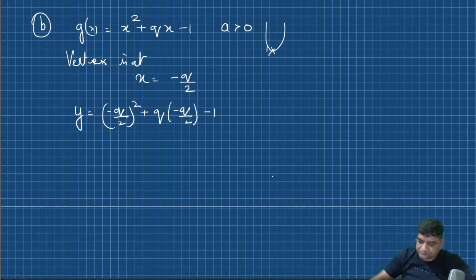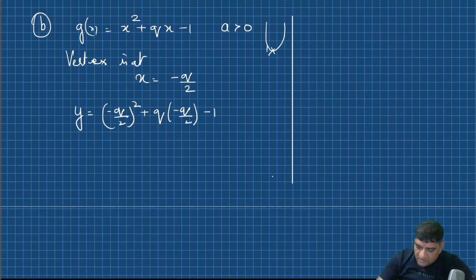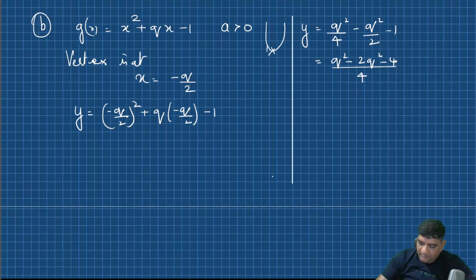Proceeding further, I can write y is equal to q squared by 4 minus q squared by 2 minus 1. Taking an LCM, it becomes q squared minus 2q squared minus 4, and the entire thing divided by 4.